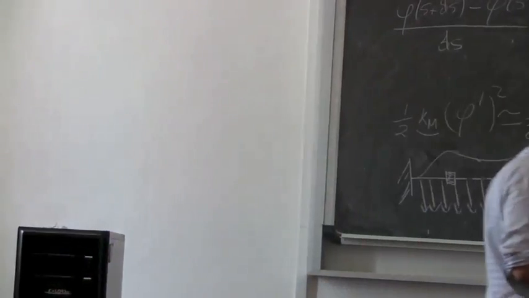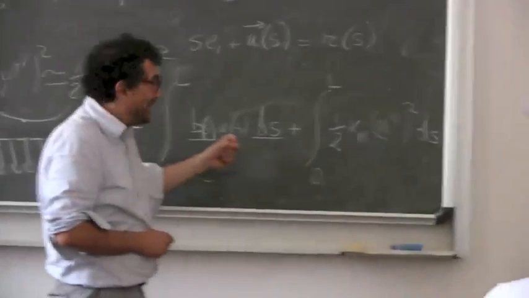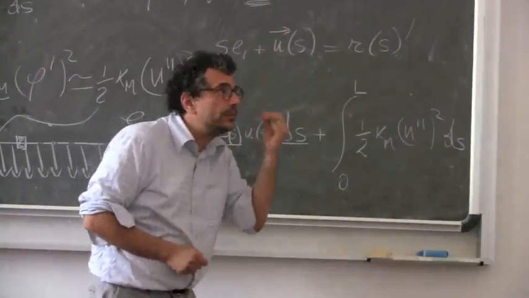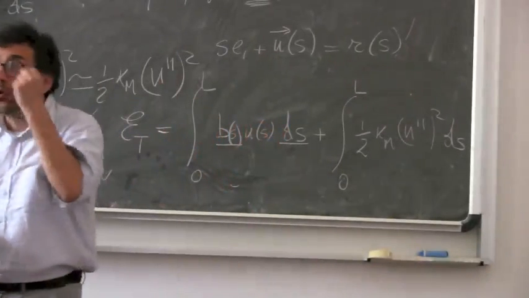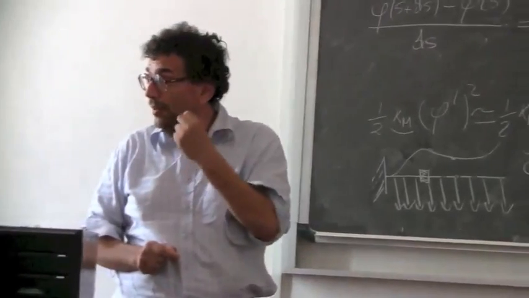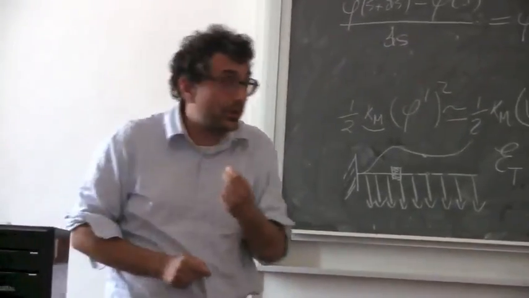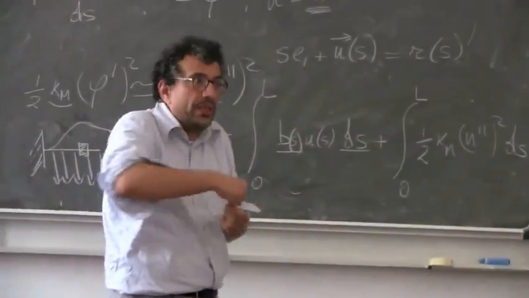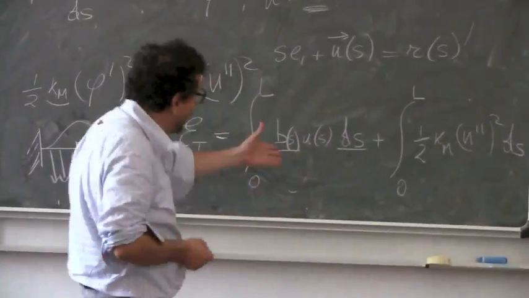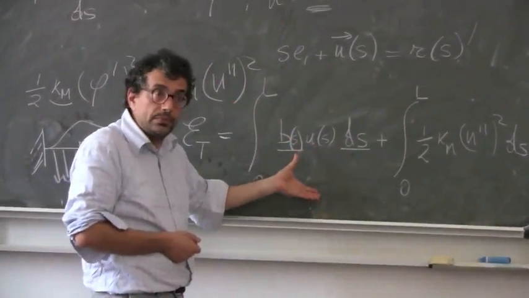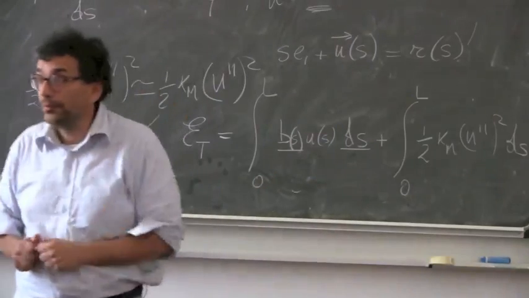What is the unknown mathematical object here? A function. The unknown mathematical object which we must find is a function. In the Dido problem, you have a curve which is given by a function. In this problem, you have the shape of the beam, which is a function.